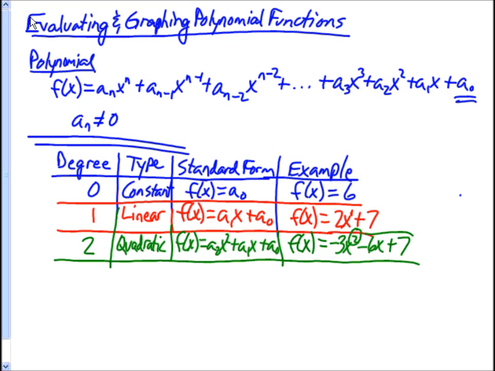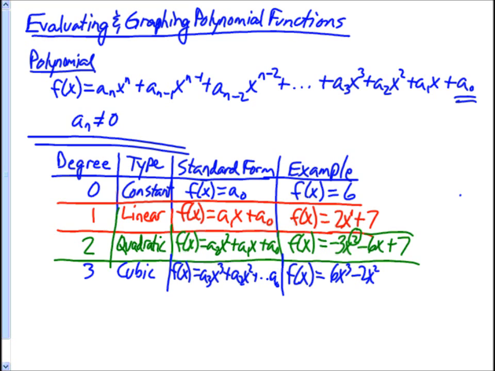Let's go degree 3. Call this cubic. Cubic function. So f of x equals a sub 3 x to the third plus a sub 2 x squared, and so on, down to that a sub 0 at the end. That would be like f of x equals 6x cubed minus 2x squared, and let's skip the x portion and just throw a constant on the end, minus 7.